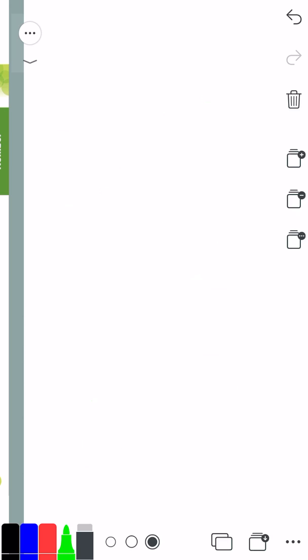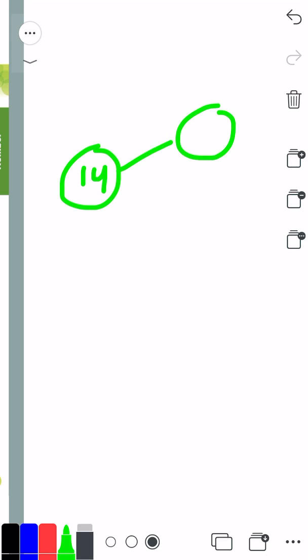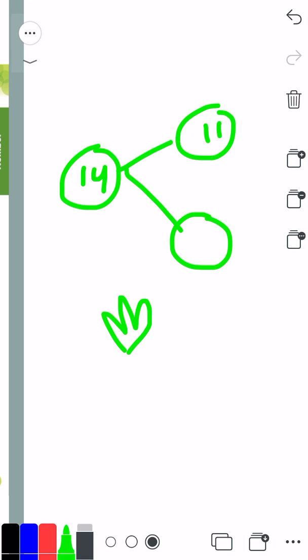We can make many other numbers, like 14 equals 11 plus what? Now count on from 11. It's 12, 13, 14. So I counted 3 fingers.